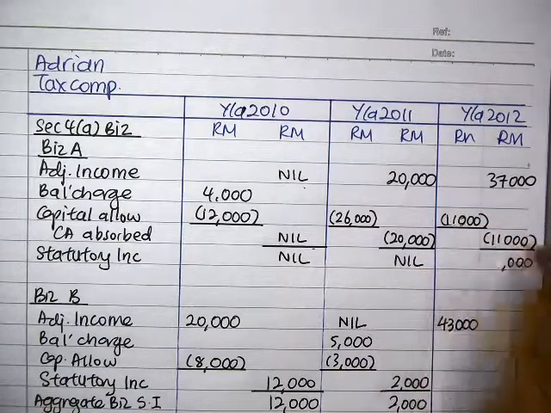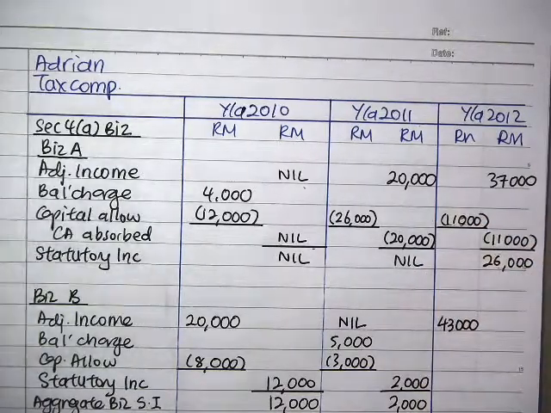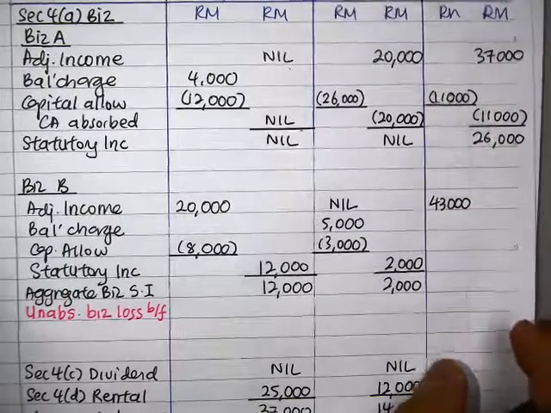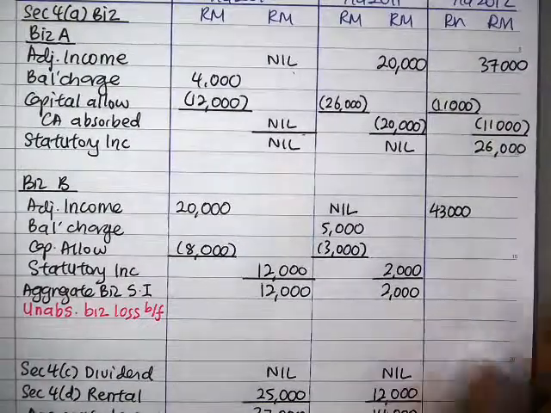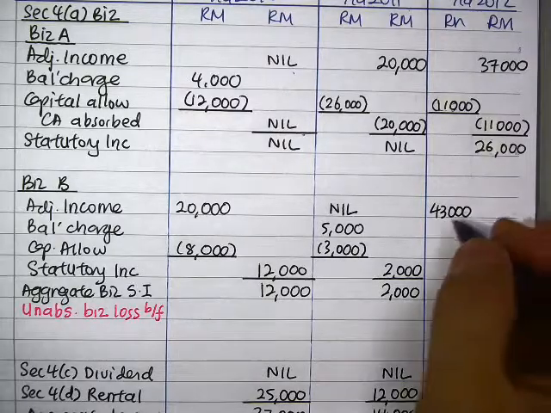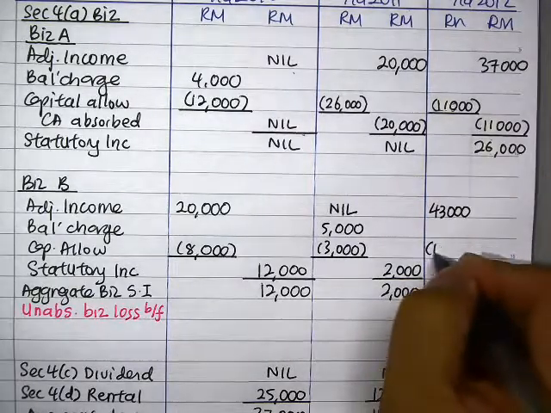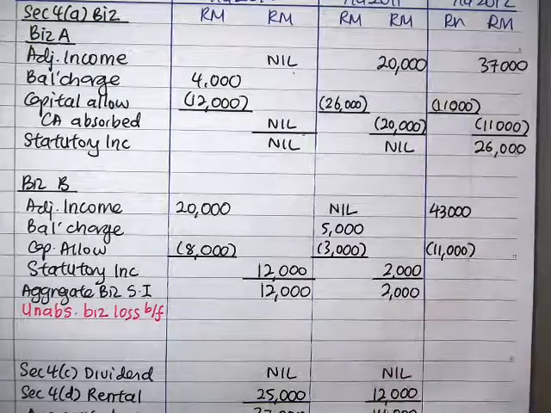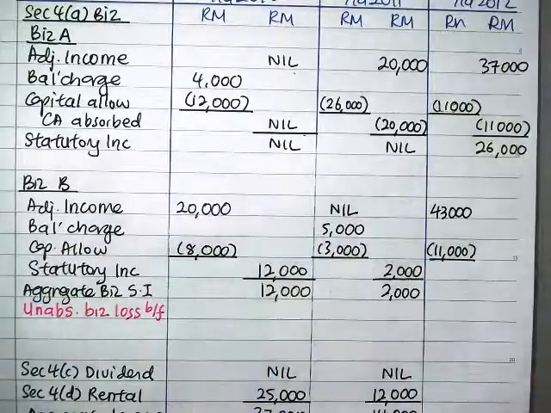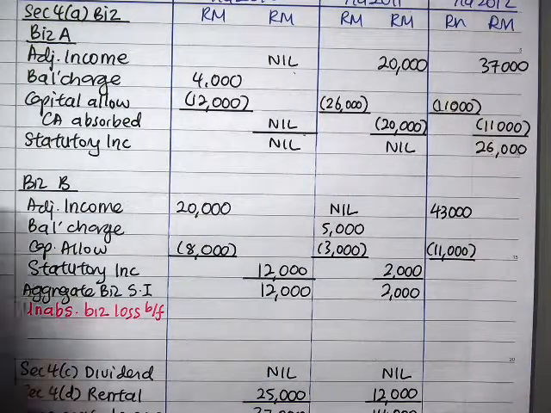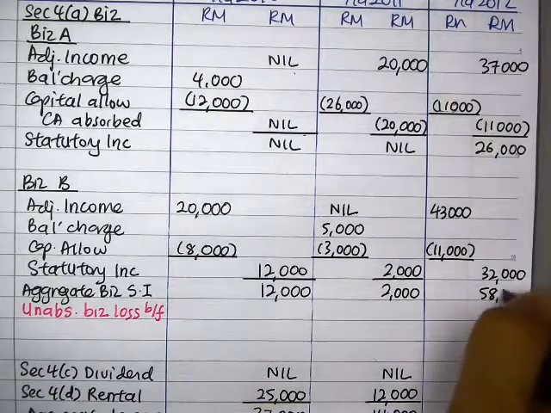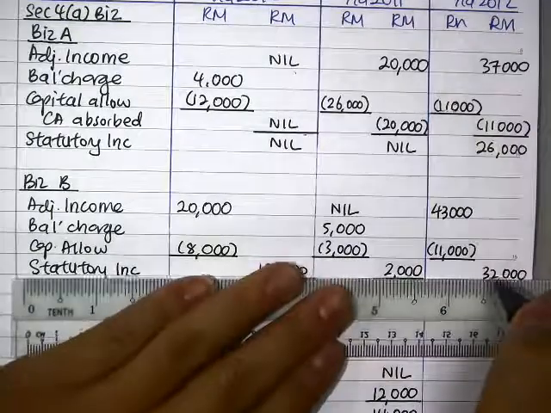I'm so sorry, the figure coincidentally same, so it just got me confused. So sorry. Alright, so the CA for business B is 11. So it's 11 as well, so 43 minus 11, got 32, and you have 58.